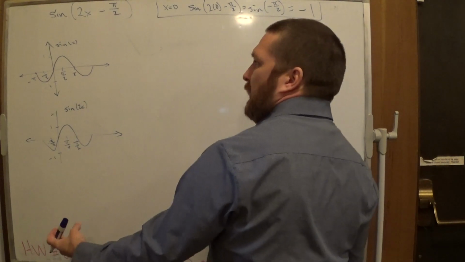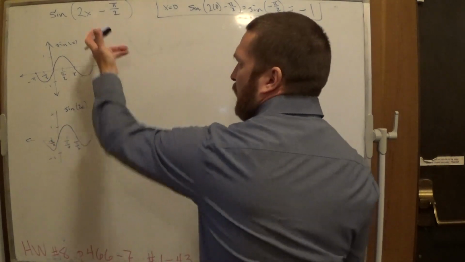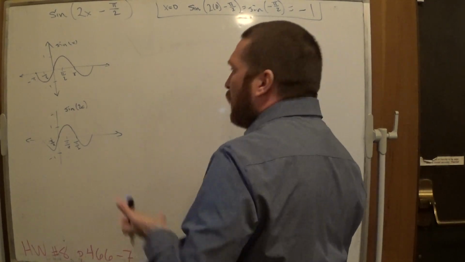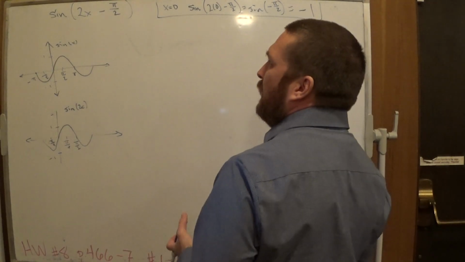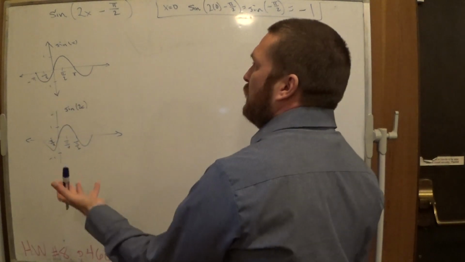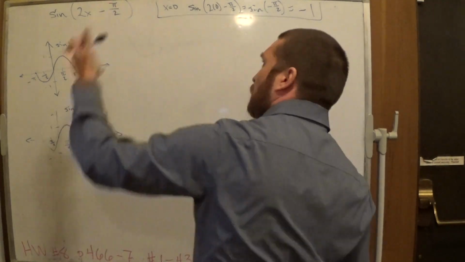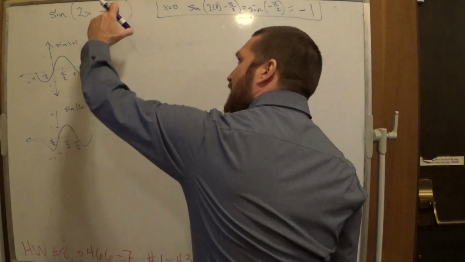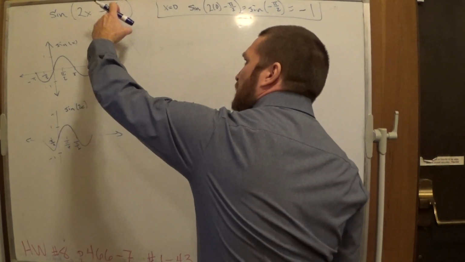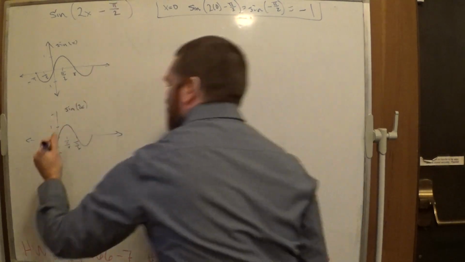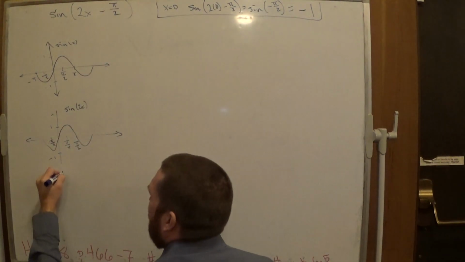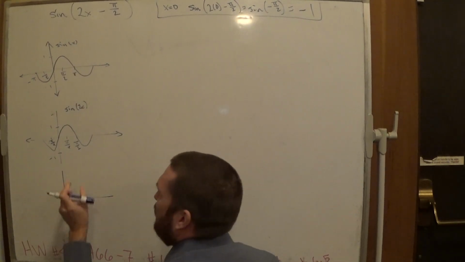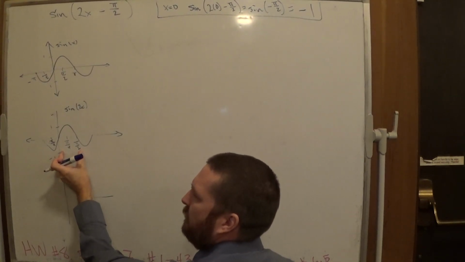Now we're doing the naive thing, or the obvious thing. Naive doesn't mean that it's stupid, it just means we're going in here uninitiated. I don't know what to do. Let's do the compression first, then we'll do the shift. So we did the compression, now let's do the shift. That shifts in what direction by how many units? It moves to the right, because it's opposite, by pi over 2.